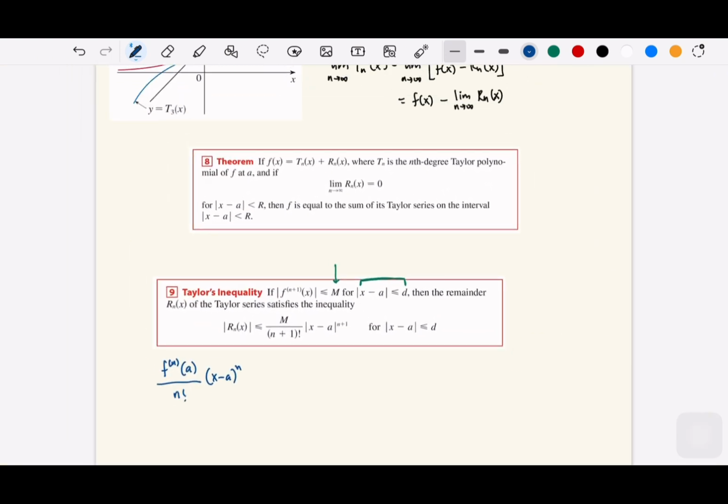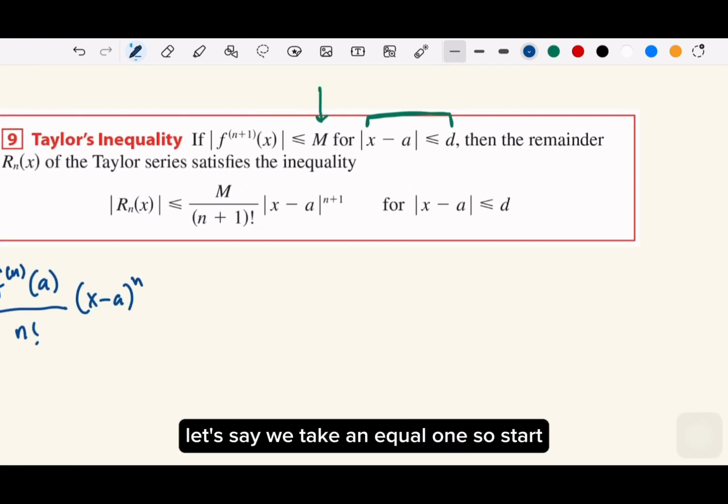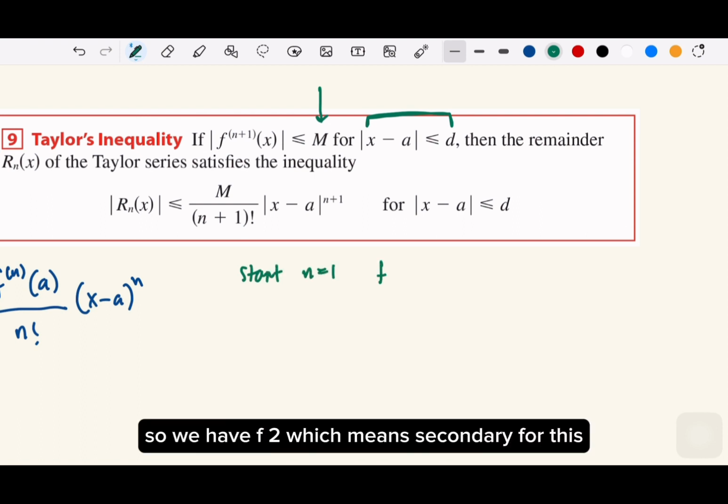So first, let's say we take n equal to 1. So we start with n equal 1, so we have f double prime, which means the second derivative.